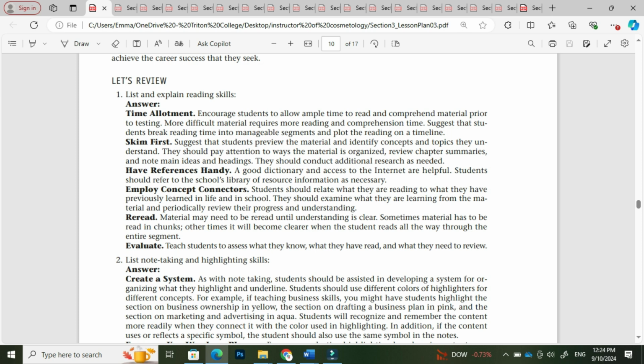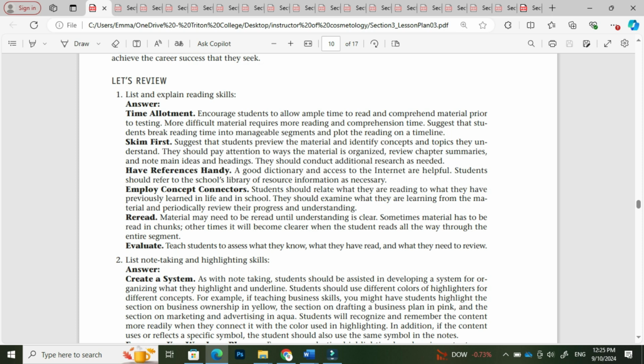Employ concept connectors. Students should relate what they are reading to what they have previously learned in life or in school. They should examine what they are learning from the material and periodically review their progress and understanding. Reread.